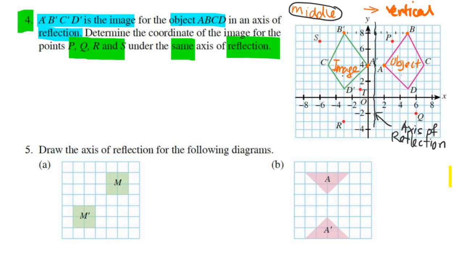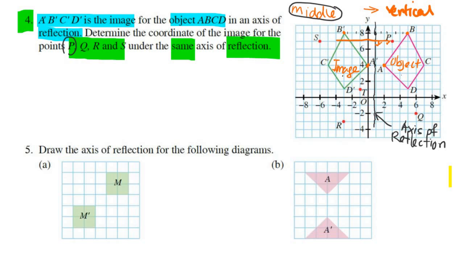Very easy. Just for example, we use P. Try to find the image for P. P is here. We draw a perpendicular line from P to the other side, and then count how many units between P and the axis of reflection along the perpendicular line. 1 unit, 2 units.